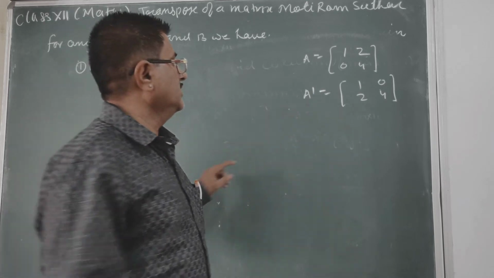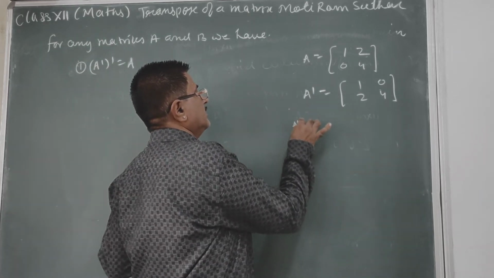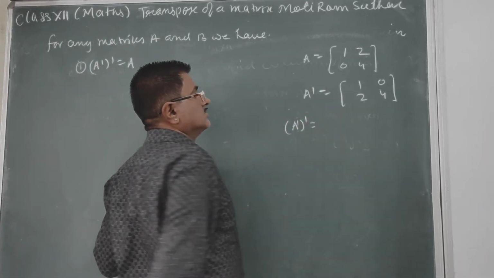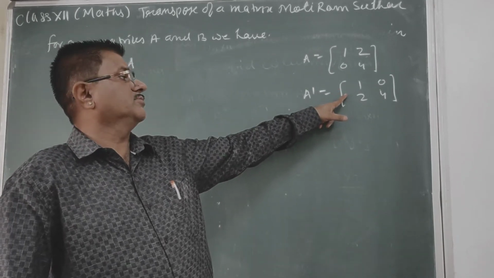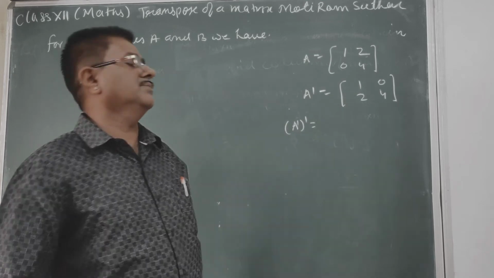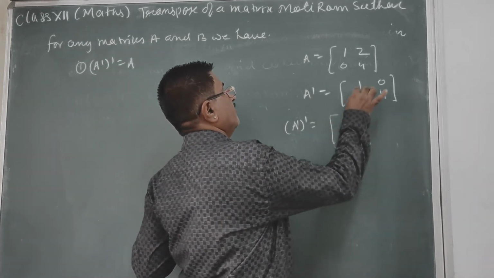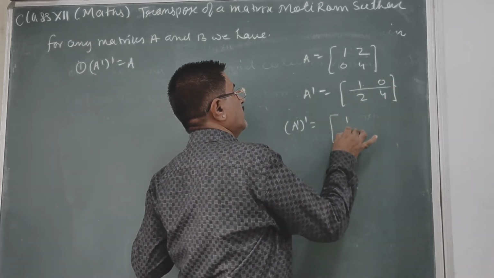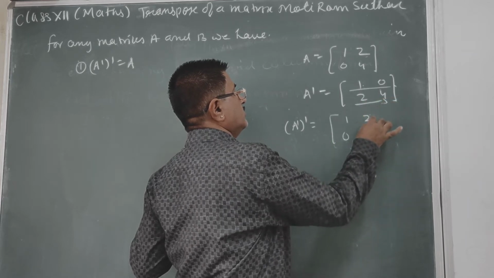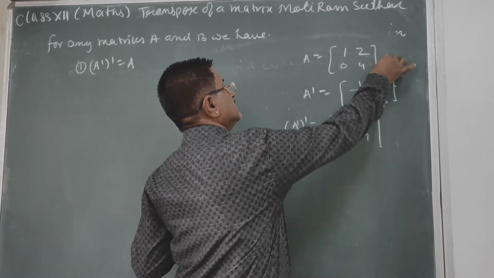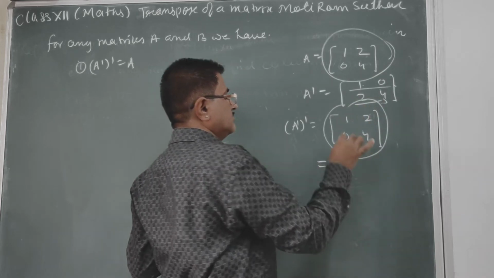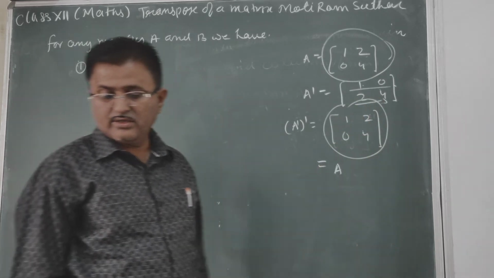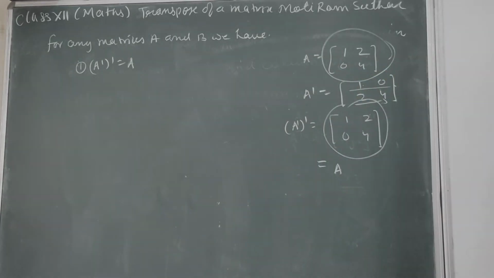So we can say here, A transpose's transpose. So again we interchange the rows and columns of this matrix. Now the first row converts into the first column, second row converts into second. So you can say this is the same matrix as A. Correct? So in this way, the first property.